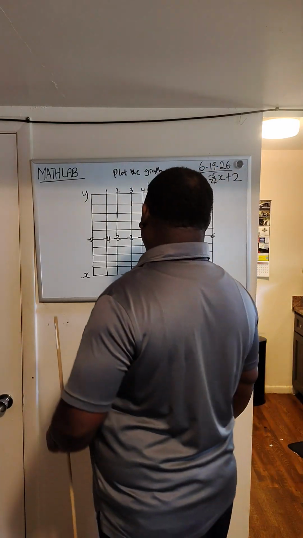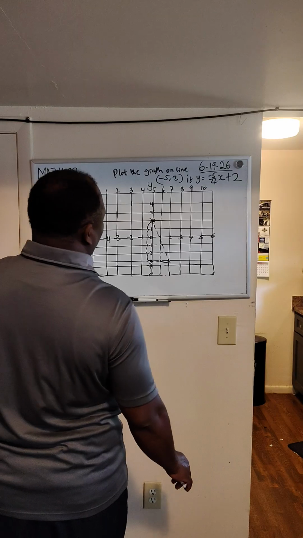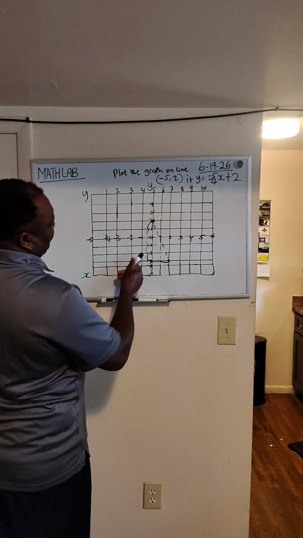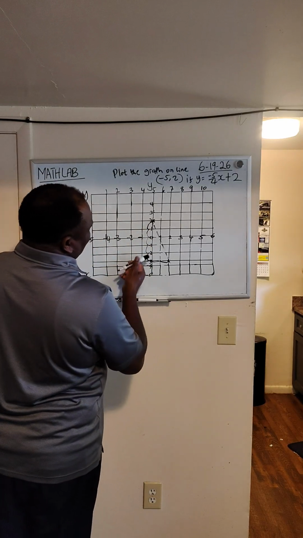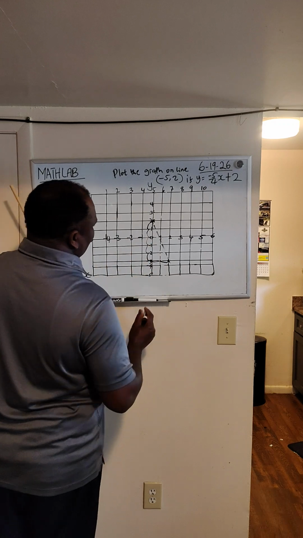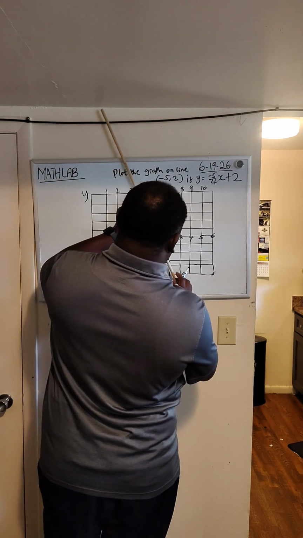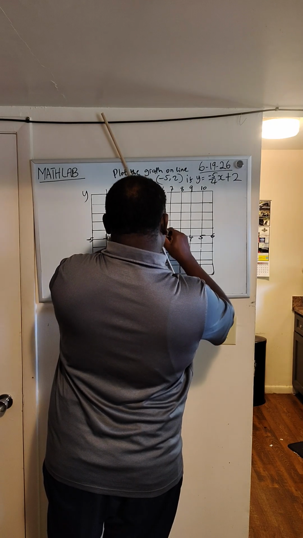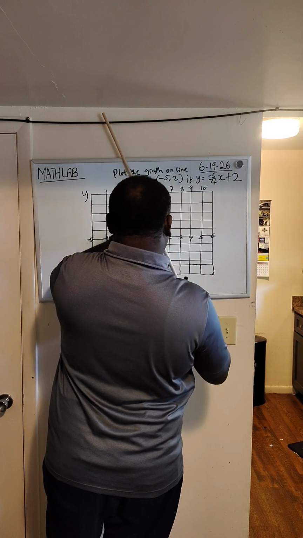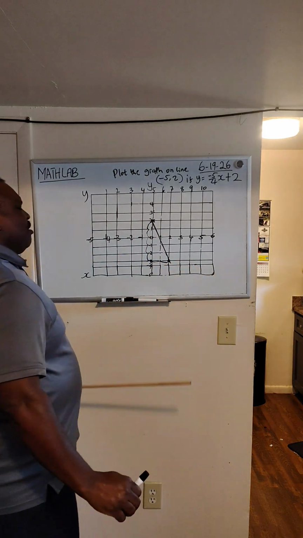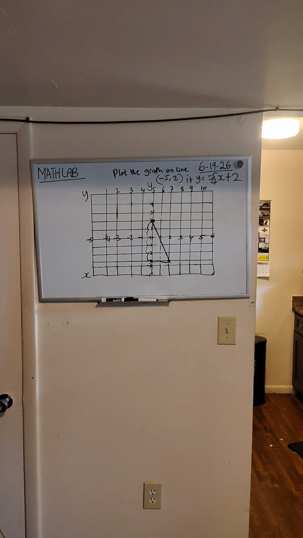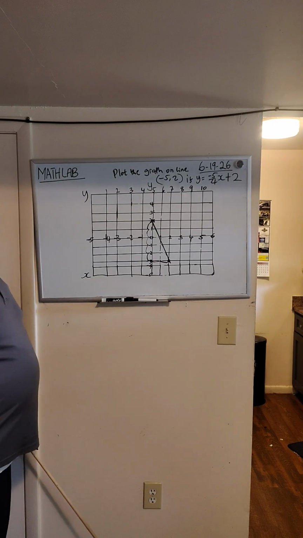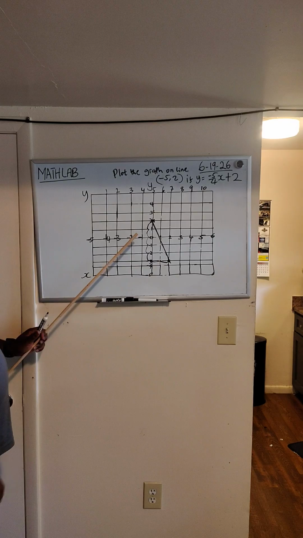So now you can see that it has gone down 4 steps. So our line would be like that. It is going to be plotted like that. So that is how you plot the line on the graph. So your line is going to be looking like that.